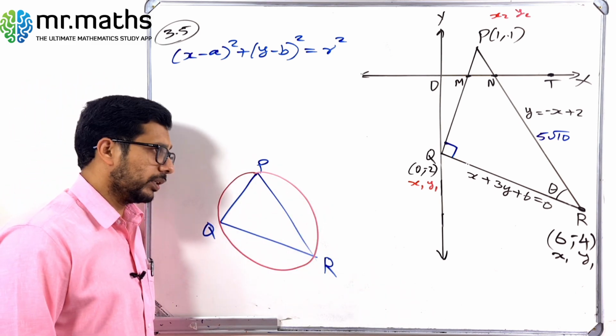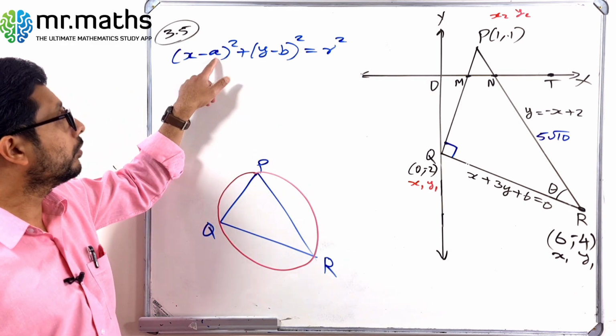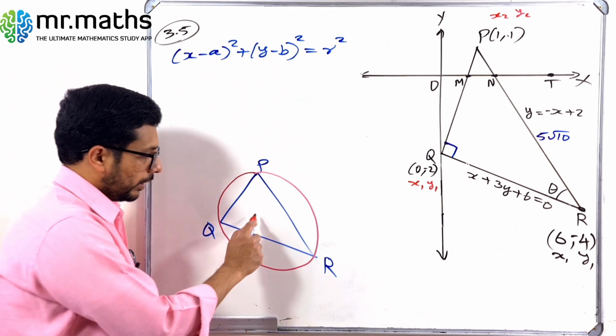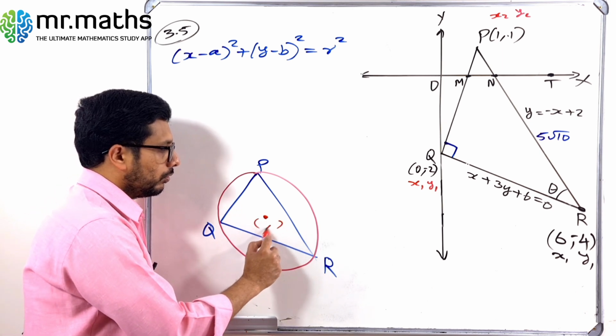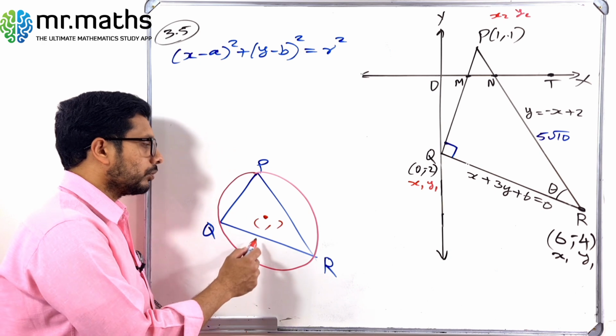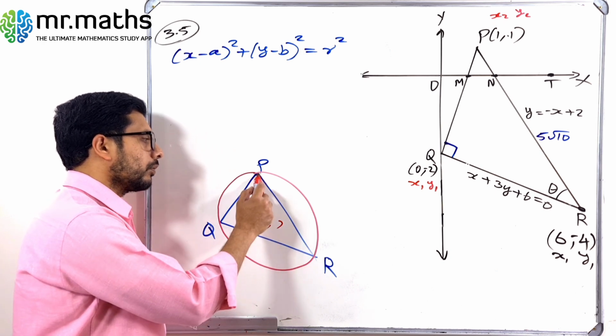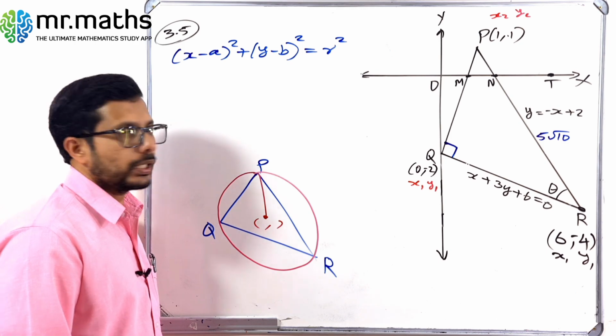So to find the equation of the circle, first you have to know the center coordinates. Assume that this is the center of the circle. You have to know the x and y values, and also you have to know the radius of the circle. Am I right? Okay, so first let's find the center of the circle.